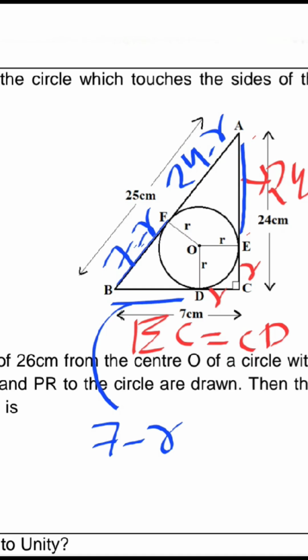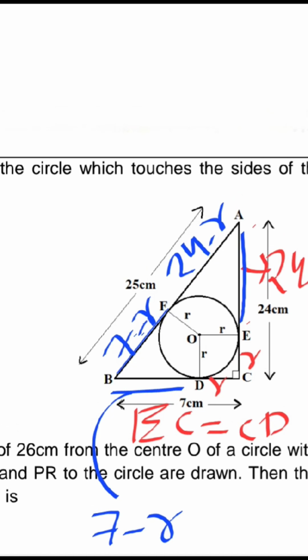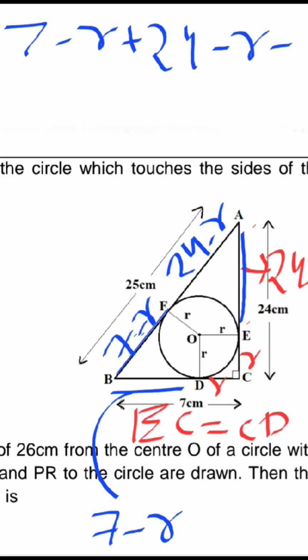So you see here, this total length is, see here, 7 minus r plus 24 minus r is equal to the total length, how much? 25.